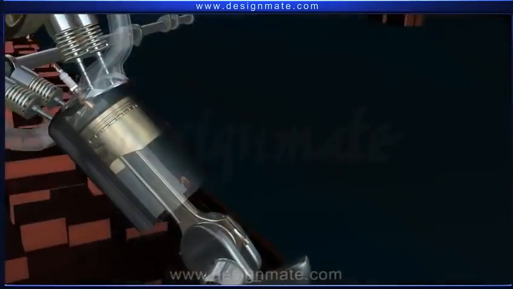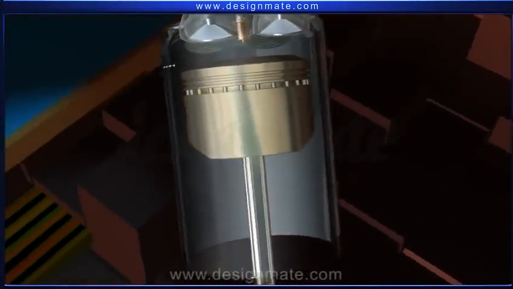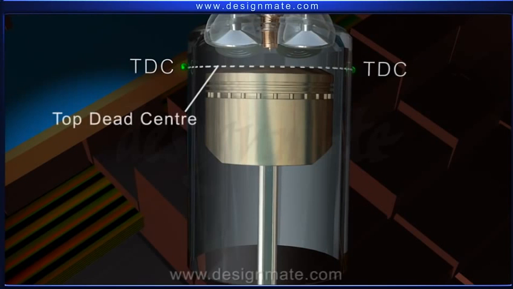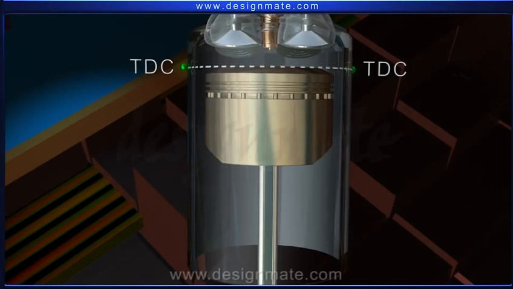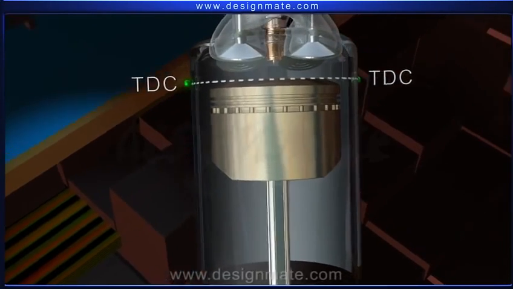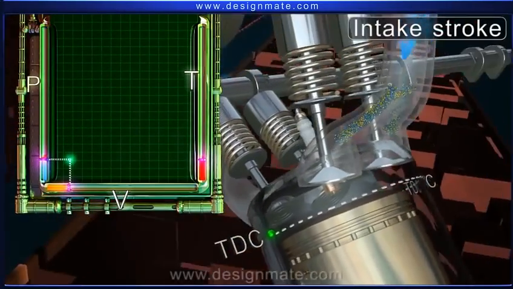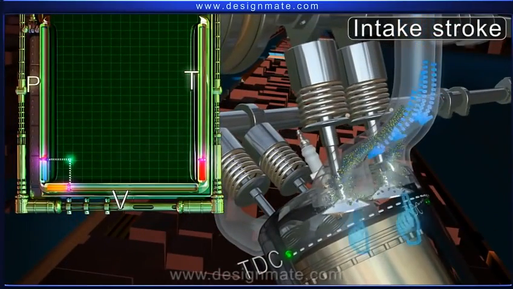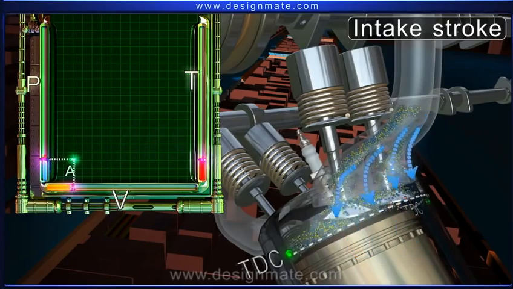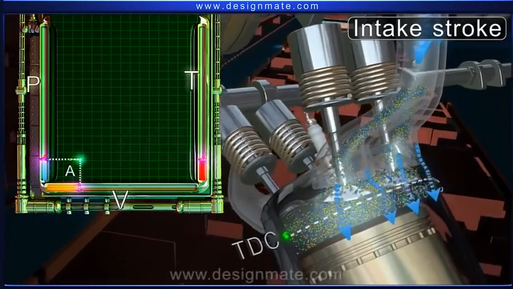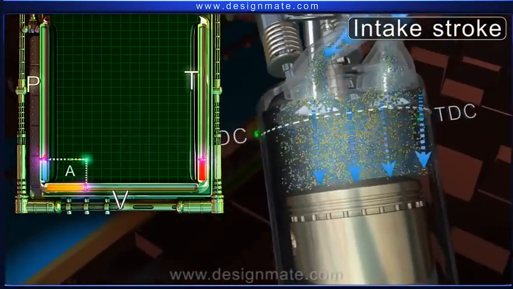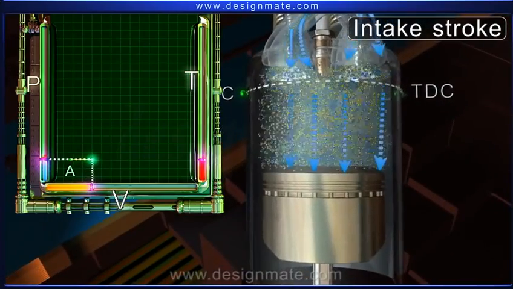The engine cycle begins when the piston is at its top position, called top dead center or TDC, and both the valves are closed. Intake stroke. During this stroke, the intake valves open and the fuel-air mixture, called charge, enters the cylinder at near atmospheric pressure.